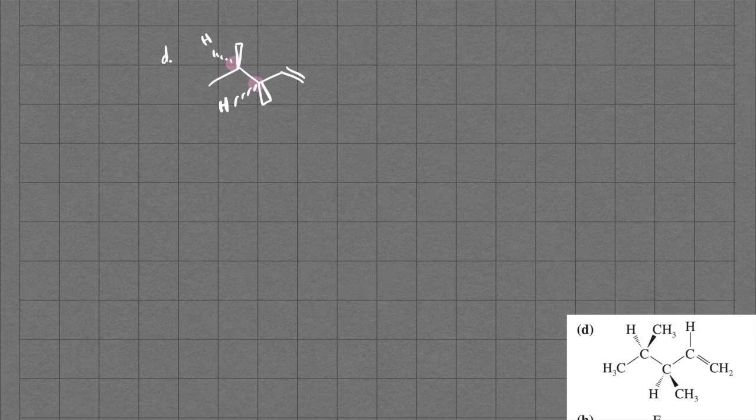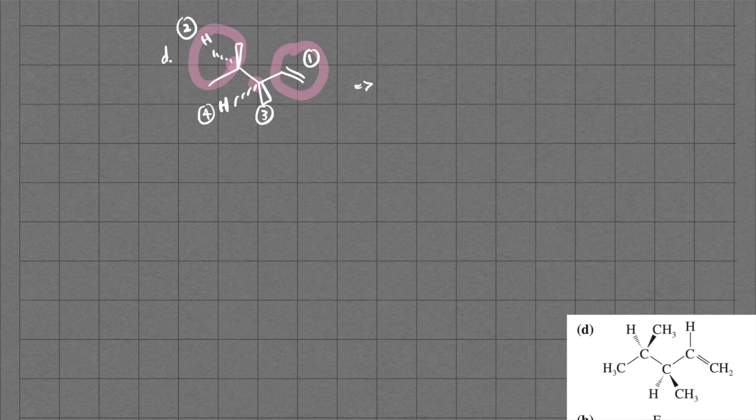So first, when assigning priority, which R group would get first priority? This alkene group or this alkyl group? This alkene group will get first priority, then this alkyl group, then methyl, then hydrogen. So let's redraw this to organize it better in our heads.